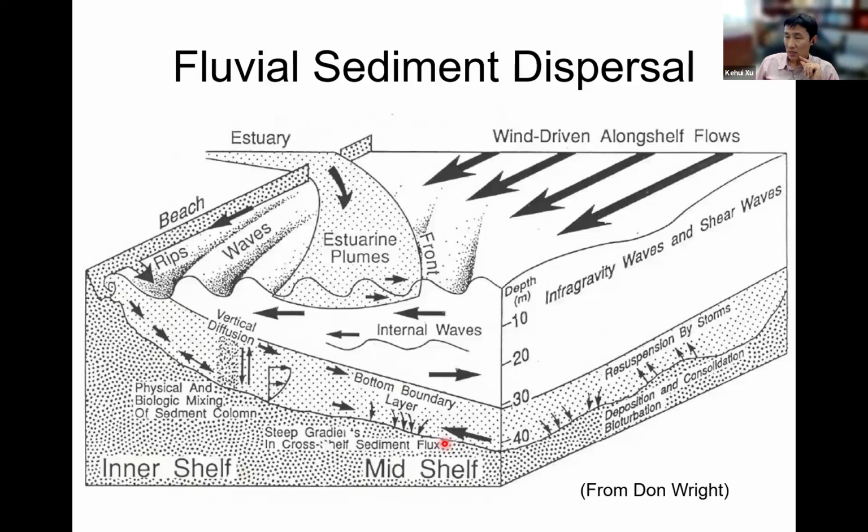The whole process is impacted by winds, alongshore currents, and the waves. At the bottom, we have a high turbidity bottom boundary layer, which is the BBL. This layer is influenced by not only waves, but also currents. And of course, we have both physical and biological mixing.